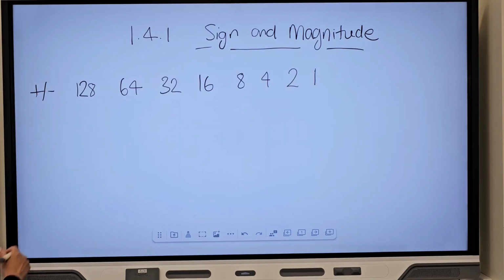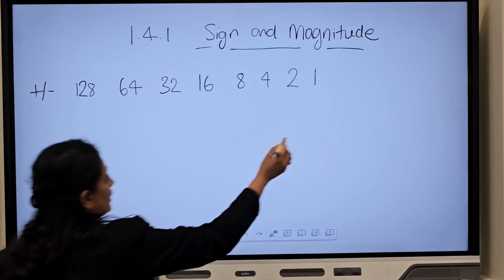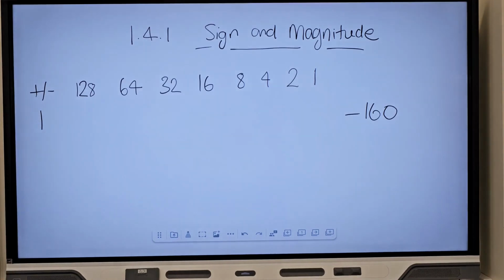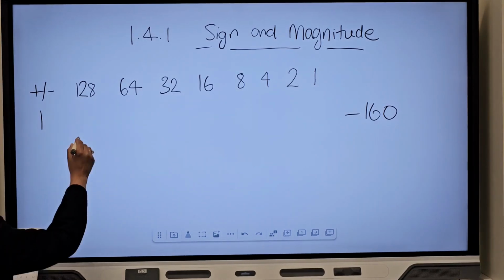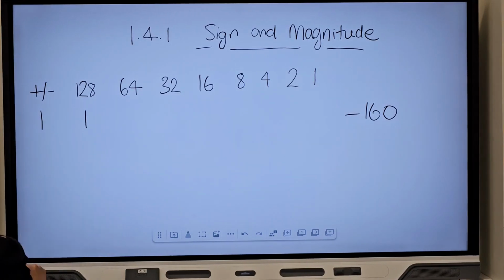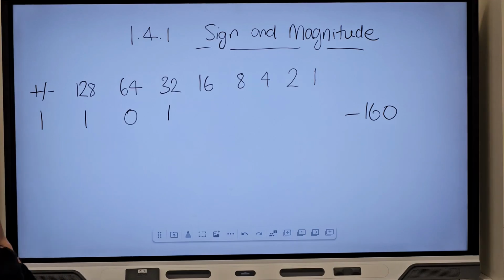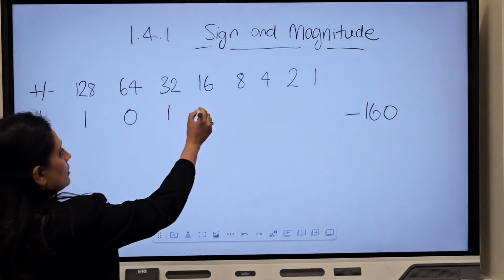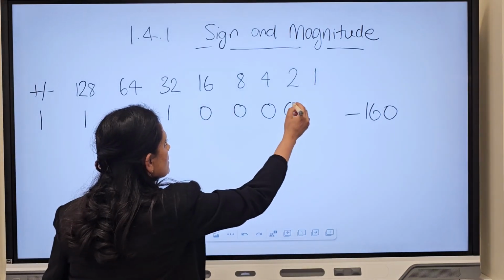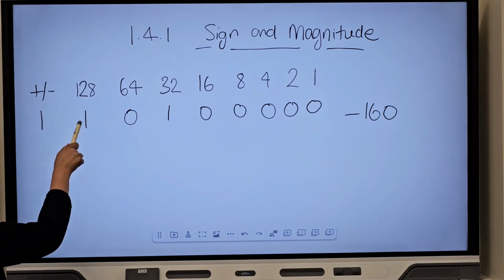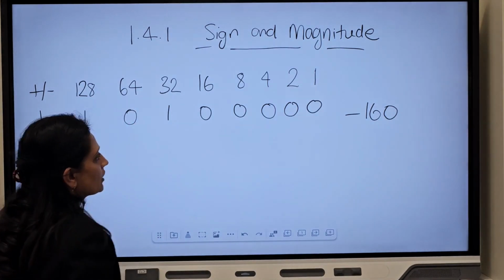So minus 160 would be 1 for the negative, and then you'd have 128, which goes into 160, plus 32. That gives us 160, or minus 160. So 1 for the sign, and 128 plus 32 gives you 160.